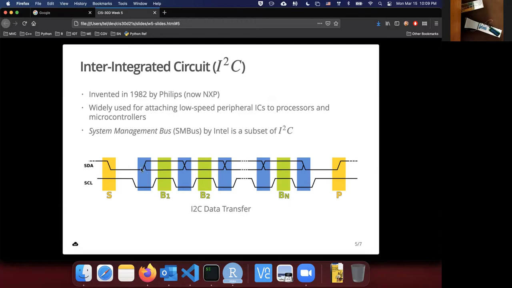Either it maintains that low to signal the first bit we're going to send is 0, or you pull that voltage higher to be 1. This is the data we need to send, 1 bit, either 0 or 1.